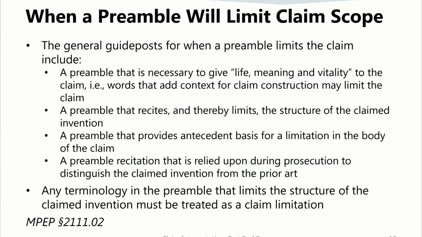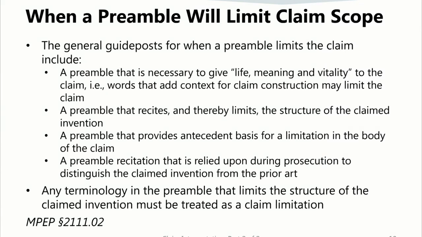In addition to the preamble that is necessary to give life, meaning, and vitality to the claim, other general guideposts for when a preamble limits the claim are listed here. Any language in the preamble that limits the structure of the claimed invention must be treated as a claim limitation.